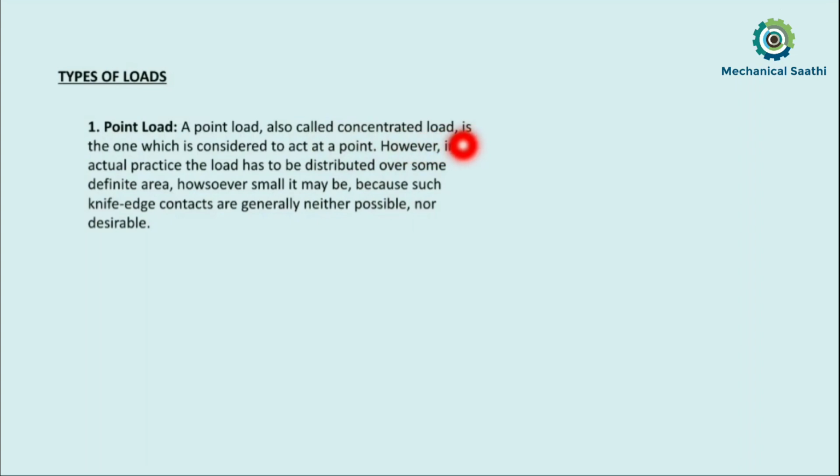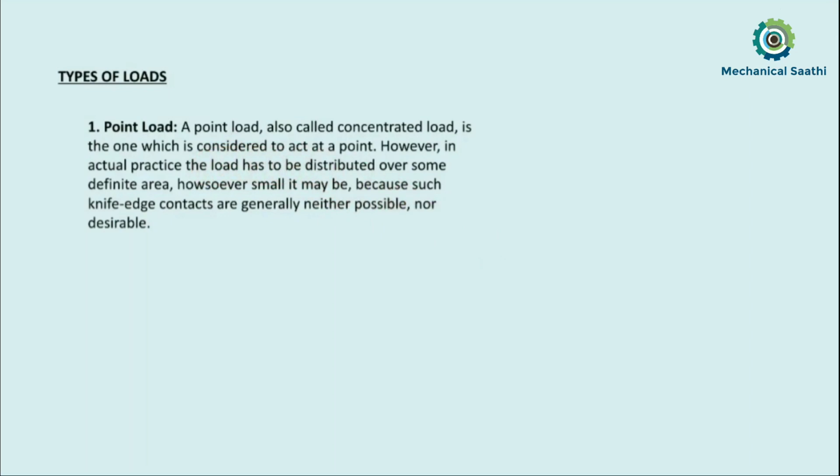That means our load is concentrated at a single point. But in an actual case, we cannot get this type of load, because whatever load is applied on any beam or cross section or structural member, it will occupy some area. Let us read what it is trying to say.